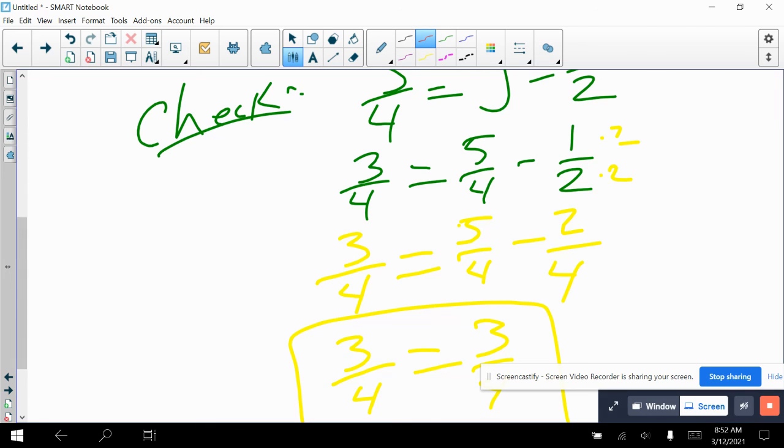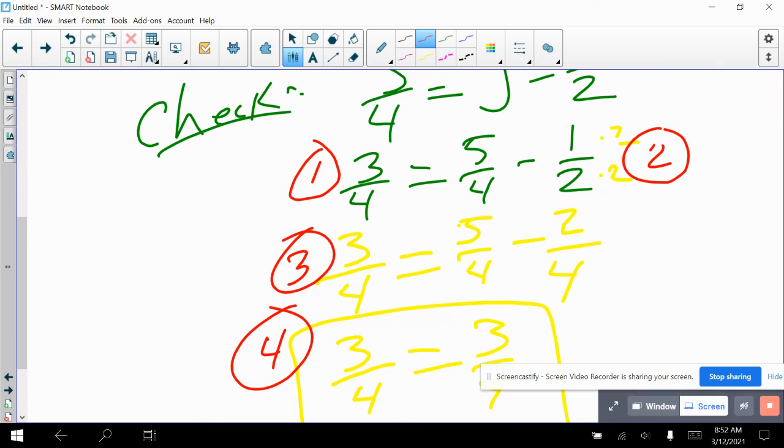Just so that you're aware, that would be 1, 2, 3, 4 points for your check. You get a point there for knowing that you have to change the denominator.